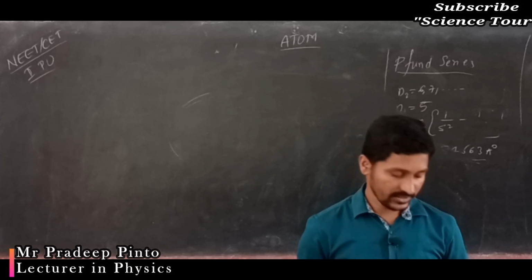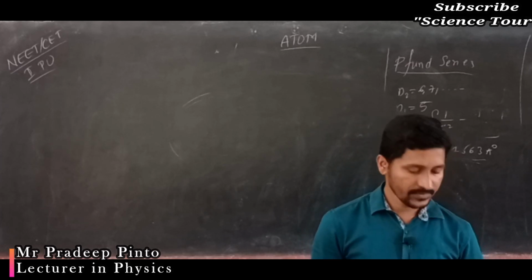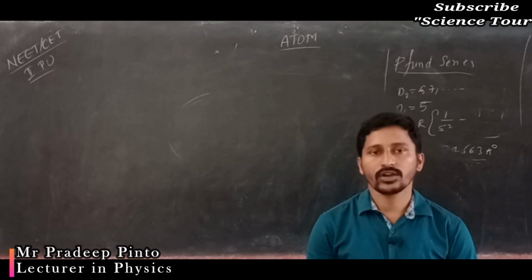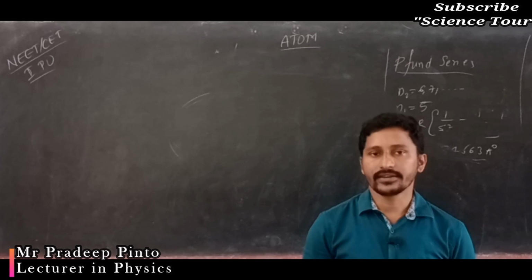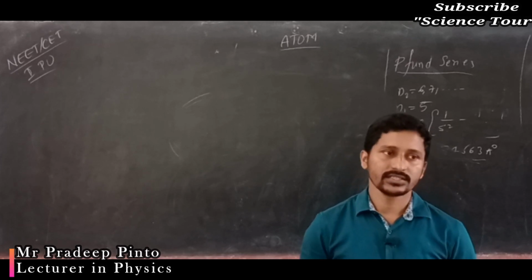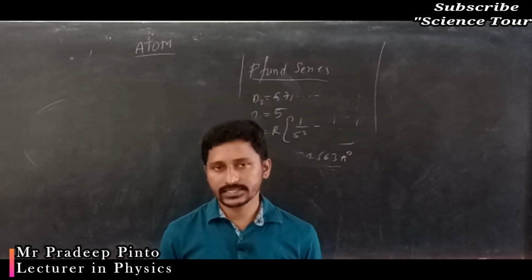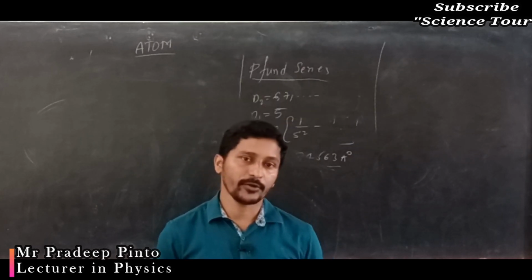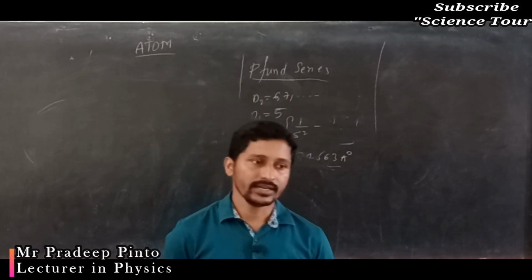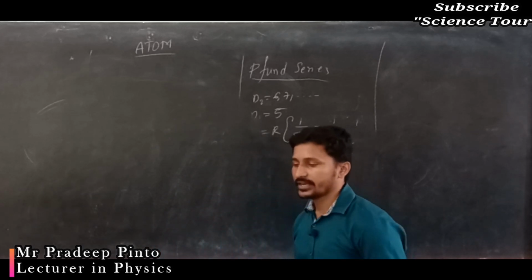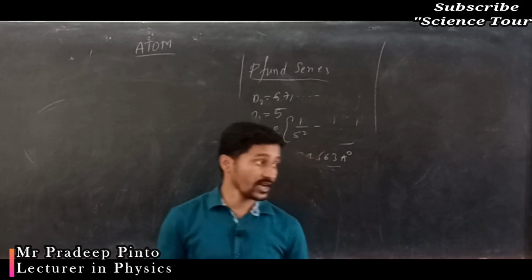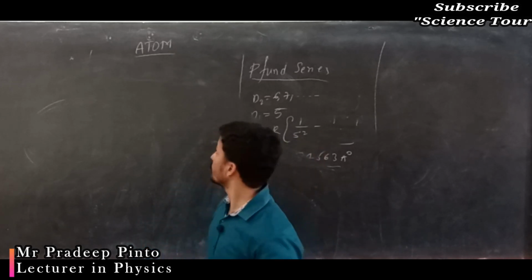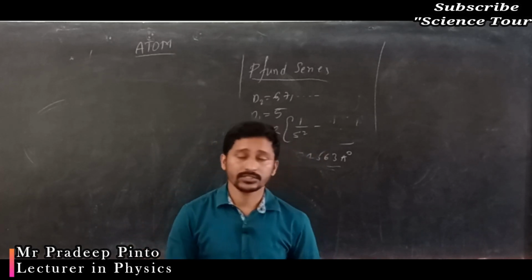So once again go through it, and take any one standard book, I am telling you repeatedly, refer to it and solve 10 questions per day. That will be the best preparation you can do. Day by day, not only 10, you are going to increase your speed. This is how I conclude the chapter synopsis part of the atom.